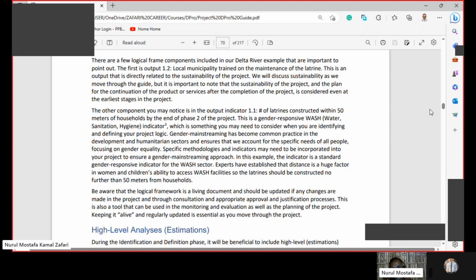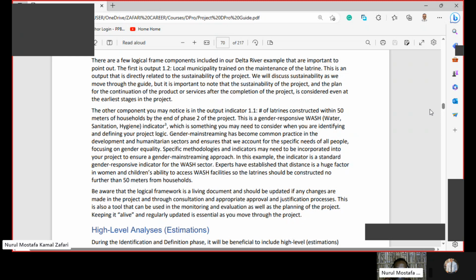The other component you may notice is in the output indicator 1.1: latrines constructed within 50 meters of households by the end of phase 2 of the project. This is a gender responsive WASH indicator, which is something you may need to consider when you are identifying and defining your project logic. Gender mainstreaming has become common practice in the development and humanitarian sectors and ensures that we account for the specific needs of all people, focusing on gender equality.